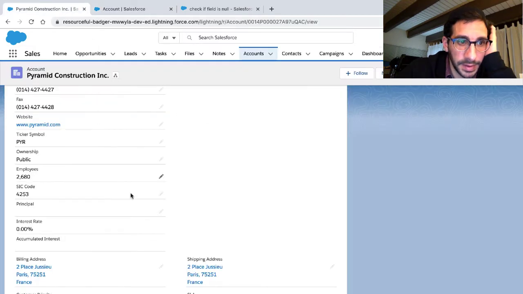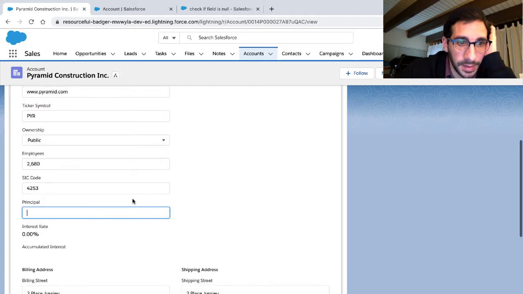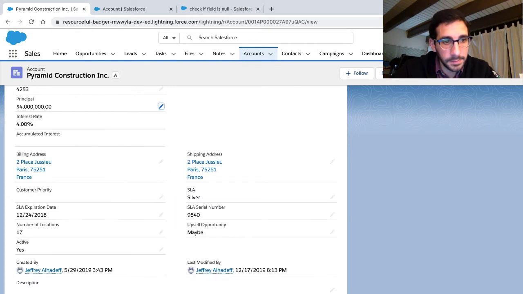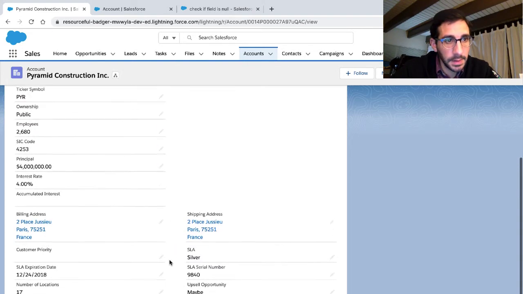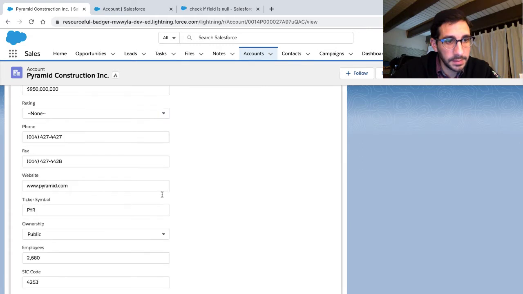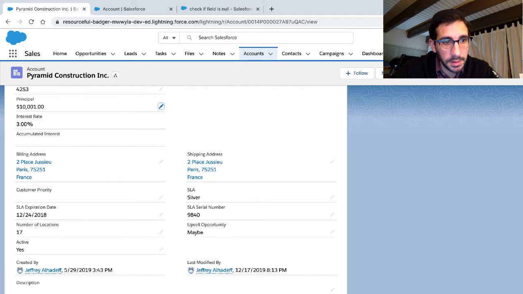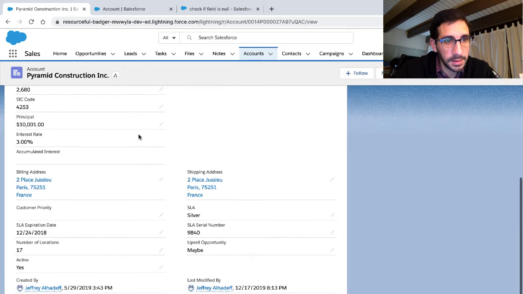If I look at pyramid construction, I should be able to change this principal now to, let's say, interest rate's 4%. And if we do 10,001, it should show up here at 3%.